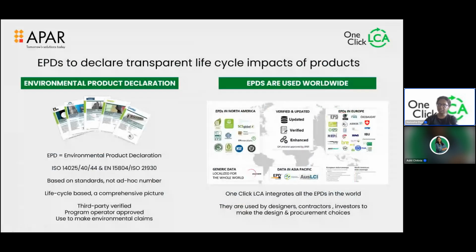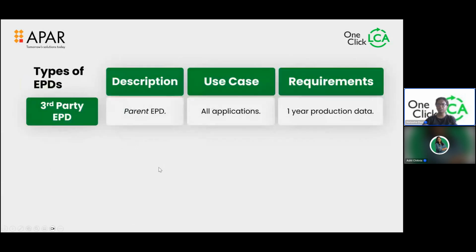EPDs help you declare your life cycle impacts over a period of 60 years. Like I said, ISO 14025, ISO 14040 and ISO 14044 are all umbrella standards, the big bracket of LCA standards. ISO 21930 is basically for construction products.